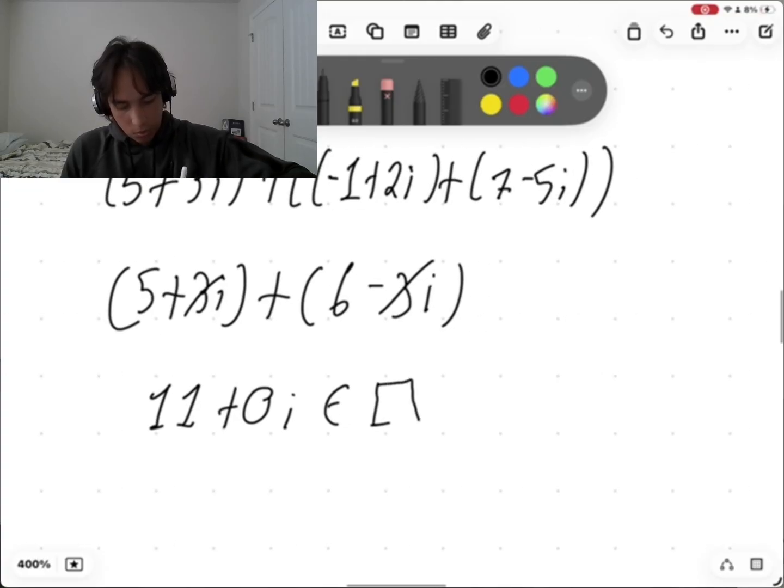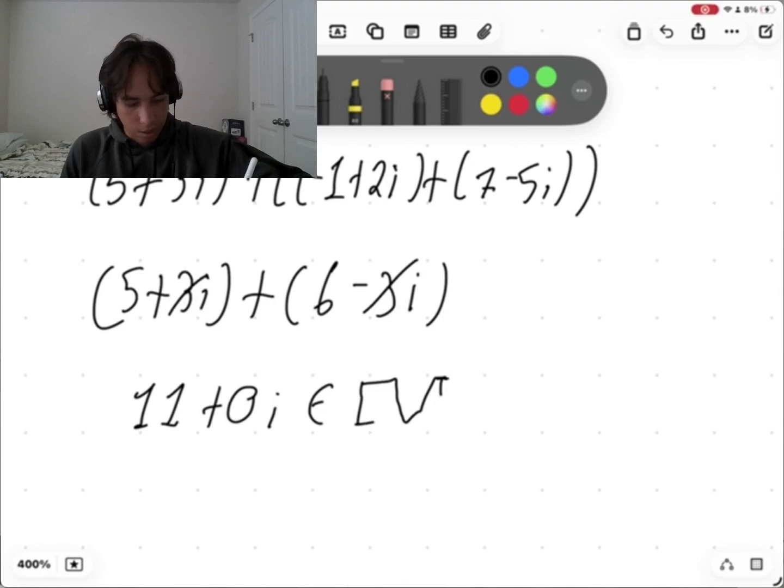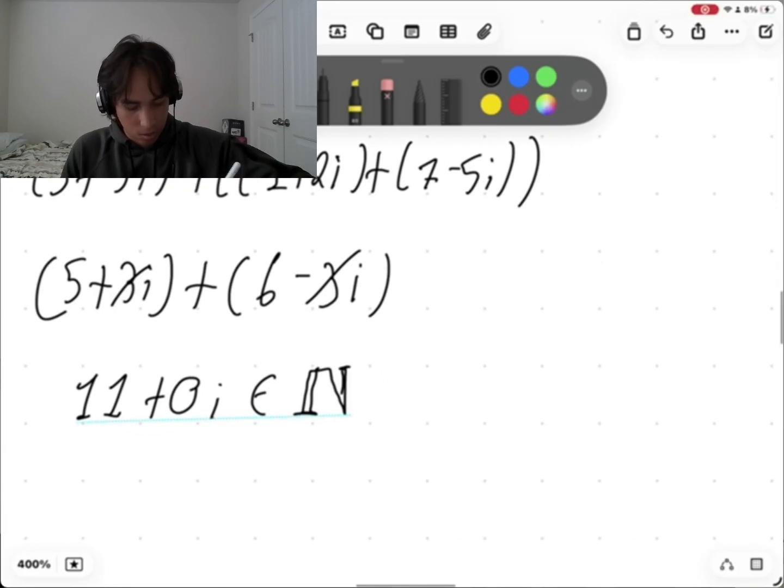I think this is how you, that's definitely not how you draw the symbol. Hold on. I think that's it.